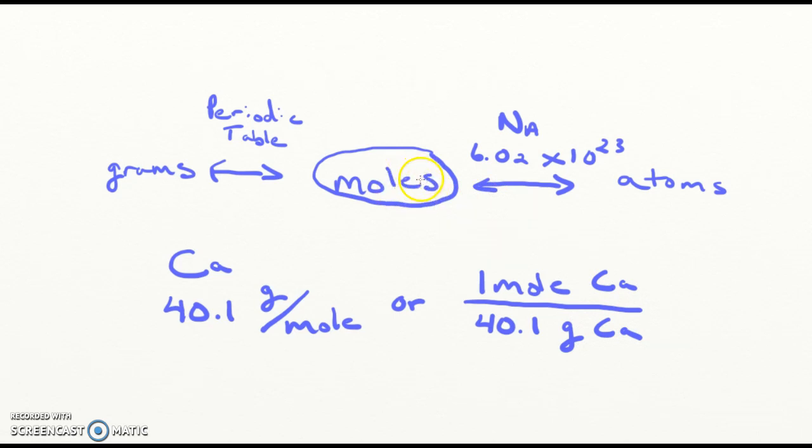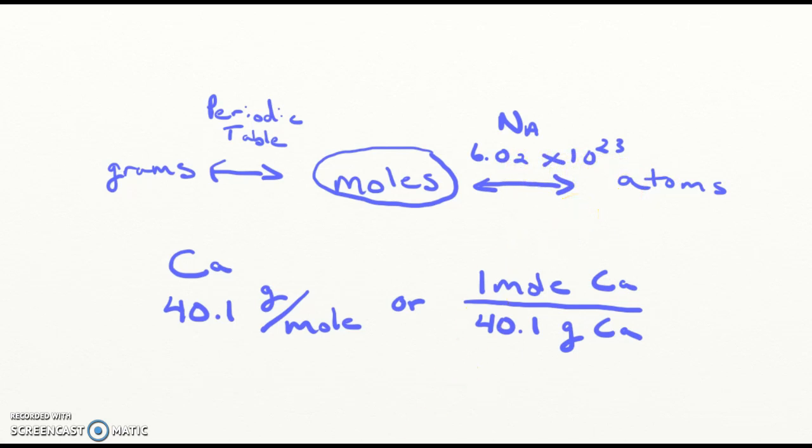Remember, if you want moles, you put it in the numerator. Then once I have moles, I'm going to go to atoms by using 6.02 times 10 to the 23rd atoms in 1 mole. In 1 mole of calcium, there are 6.02 times 10 to the 23rd atoms. So that's how it's going to work out.